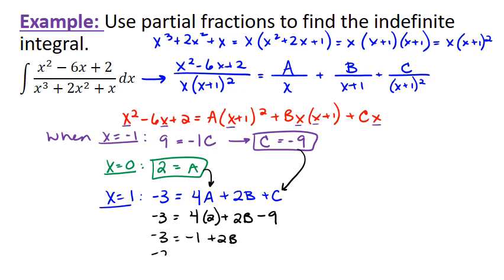Add 1 to both sides, and you should find that b is equal to -1. So I have found a, b, and c. On the next slide, I'm going to rewrite this integral as these separate fractions.